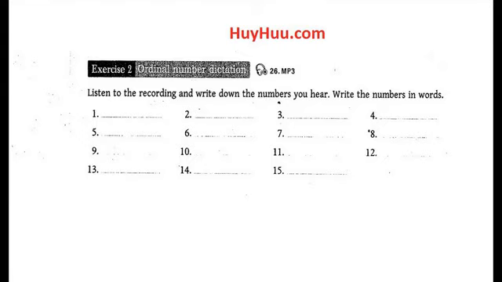Number 11, 20th. Number 12, 32nd. Number 13, 44th. Number 14, 53rd. Number 15, 100th.